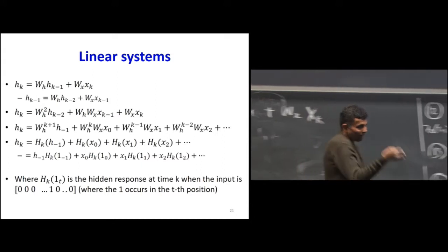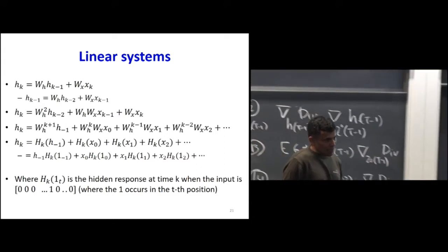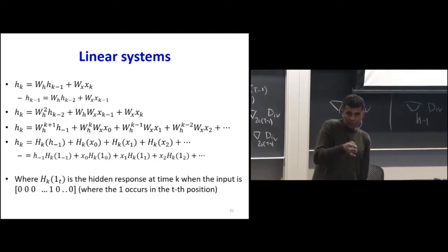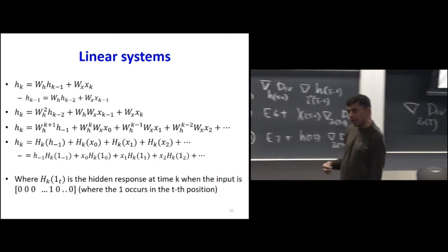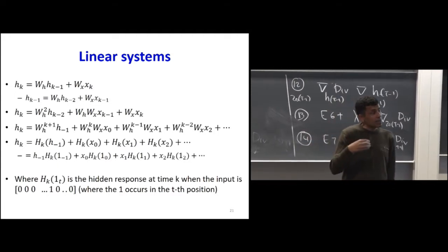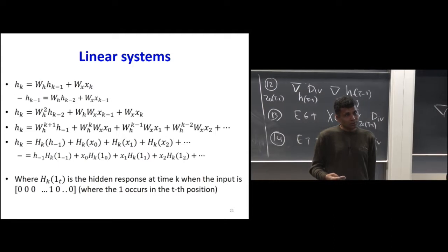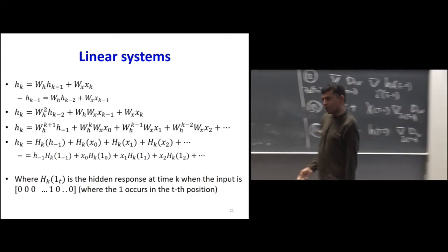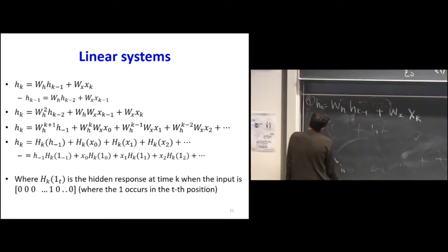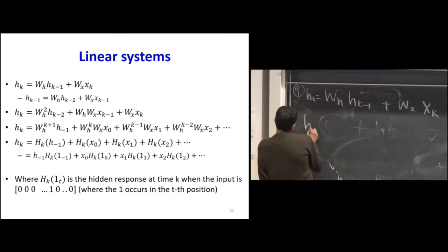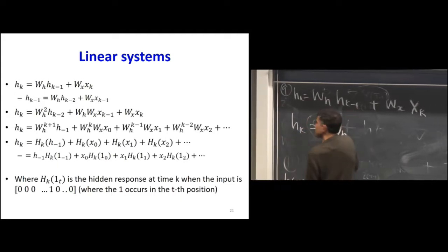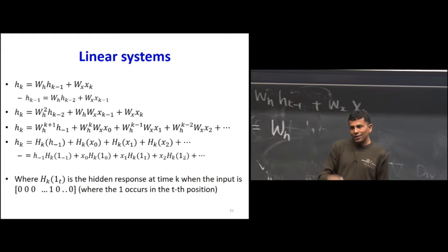Now, I can write the hidden activation at time k in terms of the hidden activation at time k minus 1 and the input at time k, right? Can I write this in terms of the hidden activation at time k minus 2? Again, what is hk minus 1 expanded in the same way? So I can say hk equals WH. This thing can be expanded, can it not?